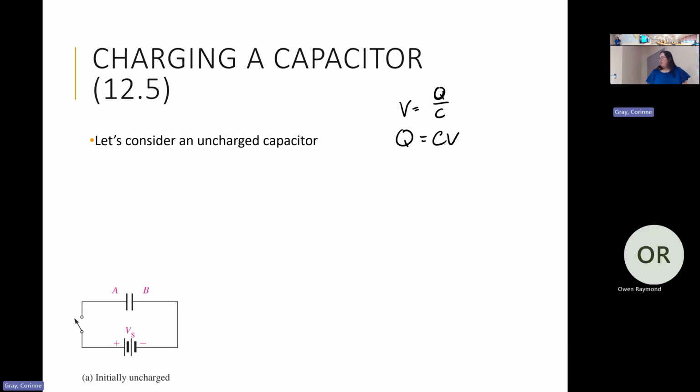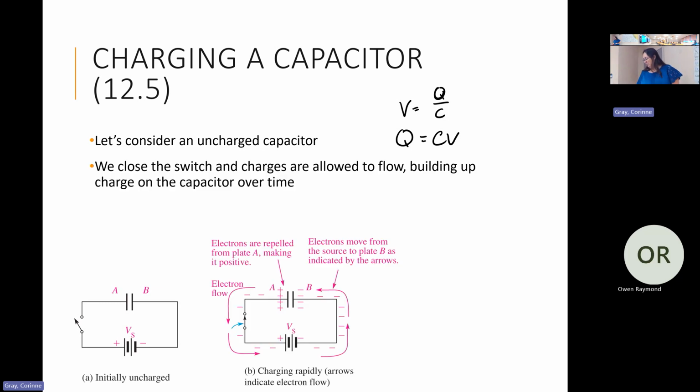What's going to happen is we are going to close the switch, and now charge is going to be allowed to flow. With this diagram here, again, I don't know why it's flipping back and forth between electron and conventional current. So this is the electron current. We are building up the charge on the right plate, which is labeled B, and we are pulling that charge from plate A. That's what's building up the positive and the negative values.